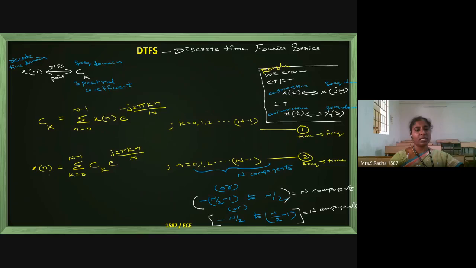General formula is x of n equal to summation ck into exponential positive.